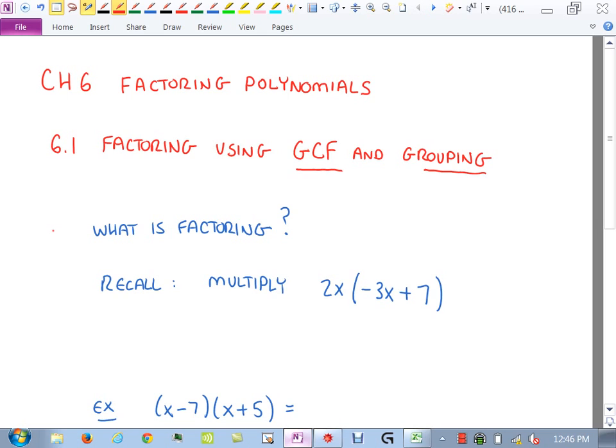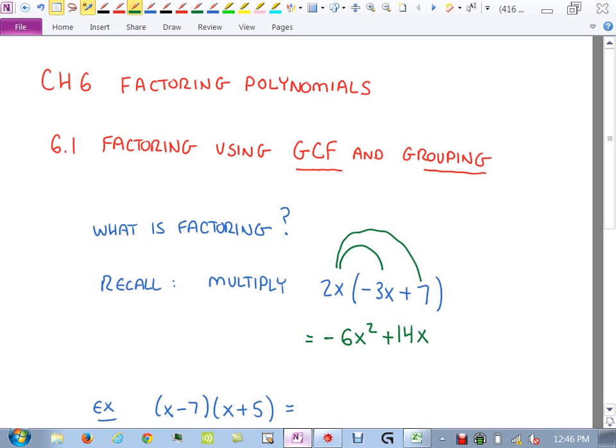So we distribute. Let's go ahead and just do that real quick. This is not factoring, everyone. This is just multiplying. If I multiply 2x by negative 3x, I get negative 6x squared, right? And then if I multiply 2x times positive 7, I get plus 14x, right?